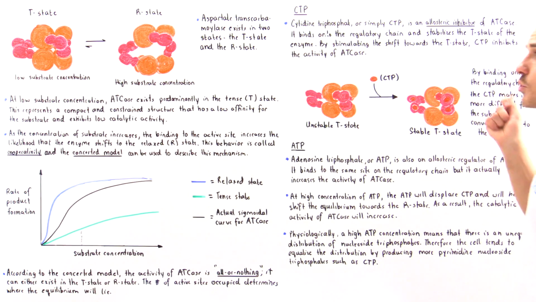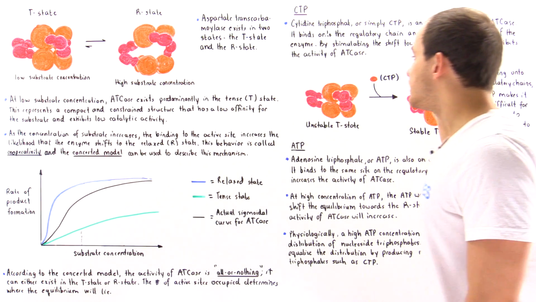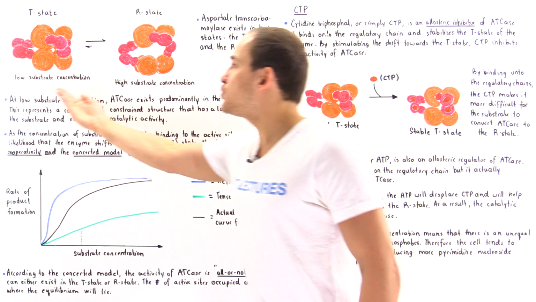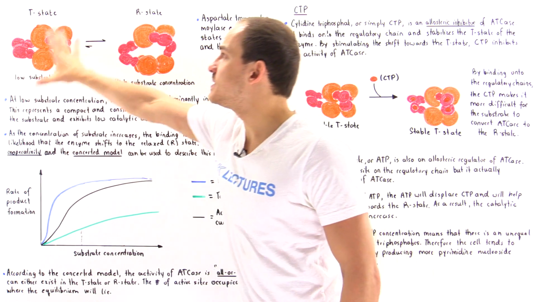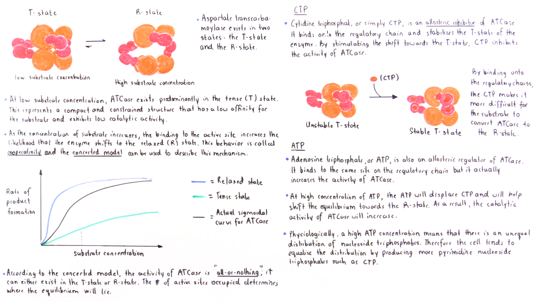And it increases the rate of activity of the enzyme by displacing the CTP molecule from that regulatory chain and shifting the entire curve from the T state to that R state.